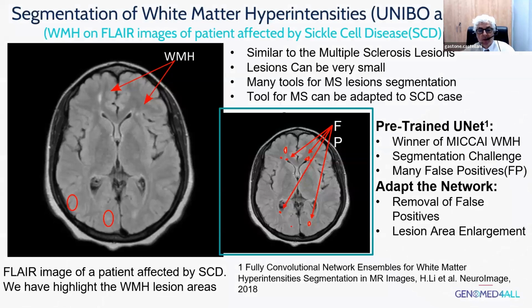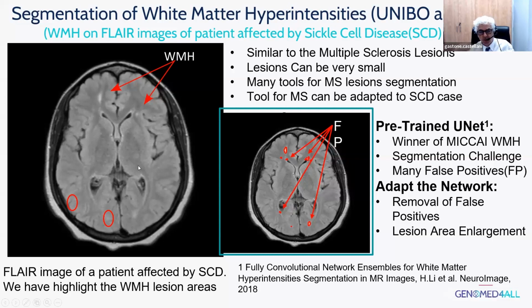important. Another example is the identification of silent infarct regions in sickle cell disease patients. In this case, we have MRI images, and you see these white matter hyperintense regions, small regions that are also very difficult to identify by eye.